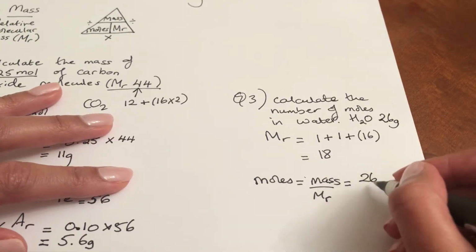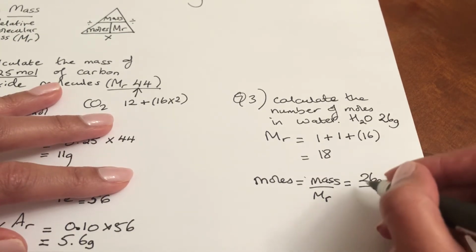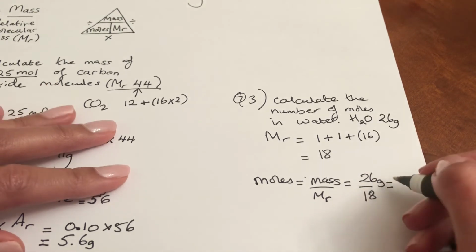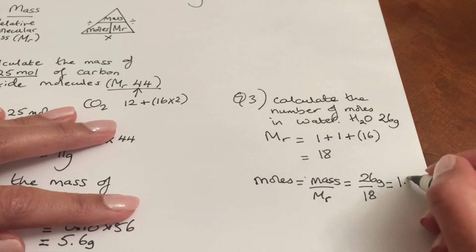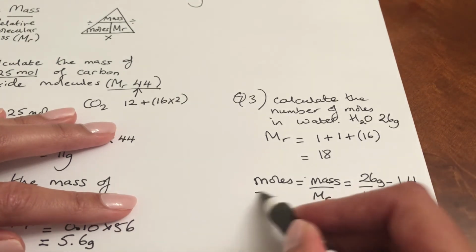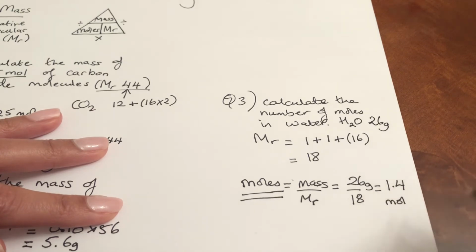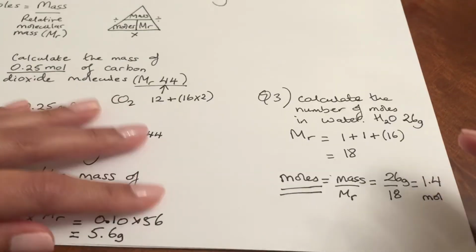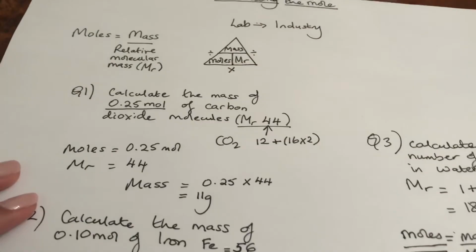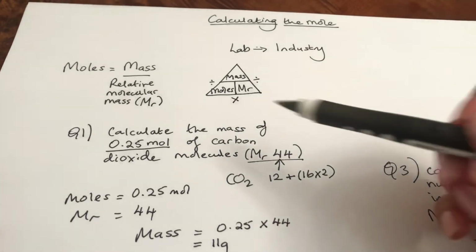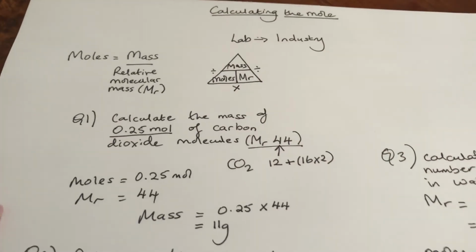So 26 divided by 18, and then we get 1.4. Now remember, units for moles, really easy, MOL. Okay, so here we are, really nice quick overview of how to calculate the mole and how to calculate the mass given these simple questions.